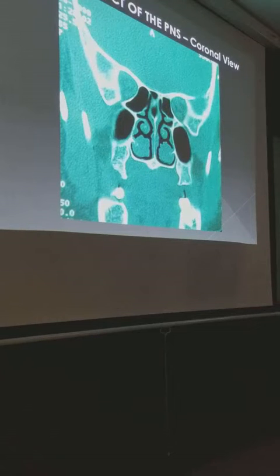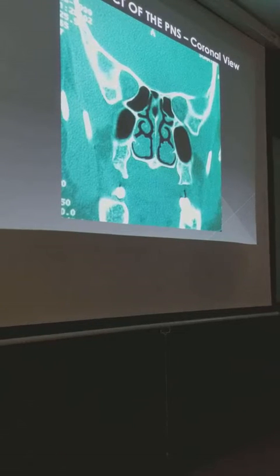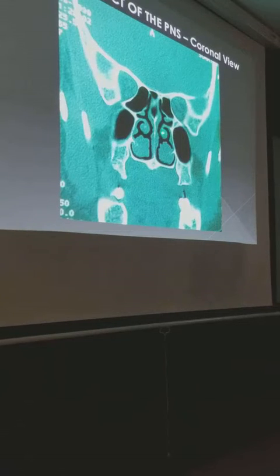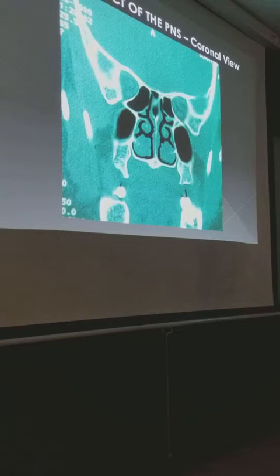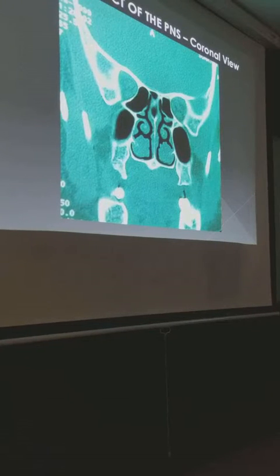Okay. Now here is the question. That is the limitation of just having purely coronal section CT images. Because you do not know now, are you dealing with a large sphenoid sinus and a small one on the left and large on the right, or are you dealing with a sphenoethmoidal cell, which is called the Onodi cell?